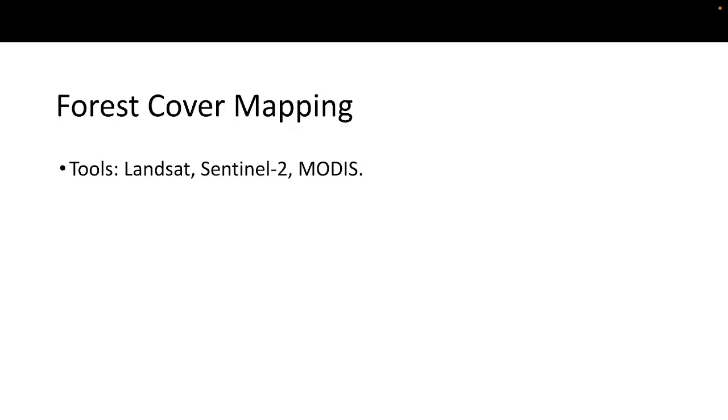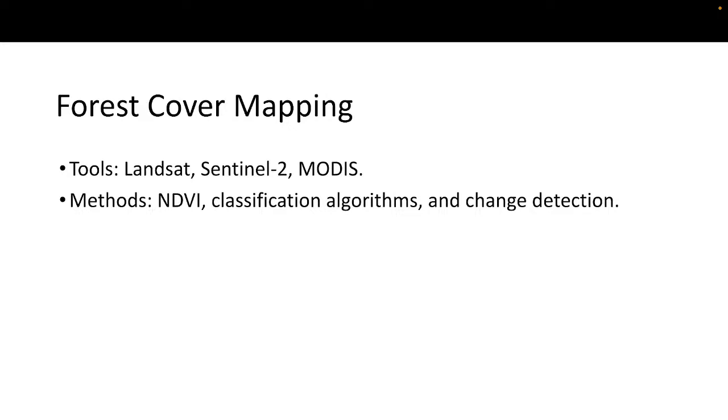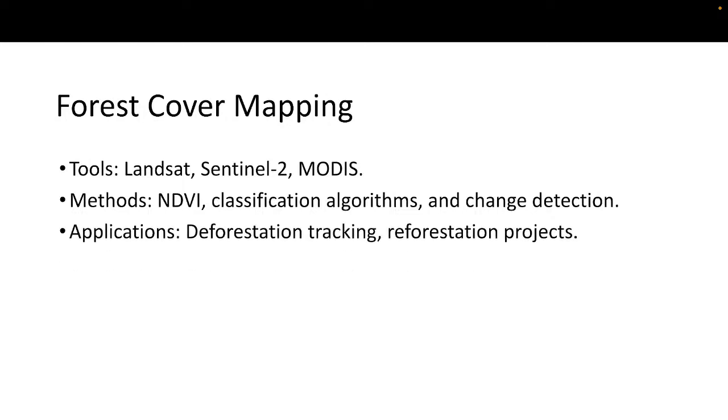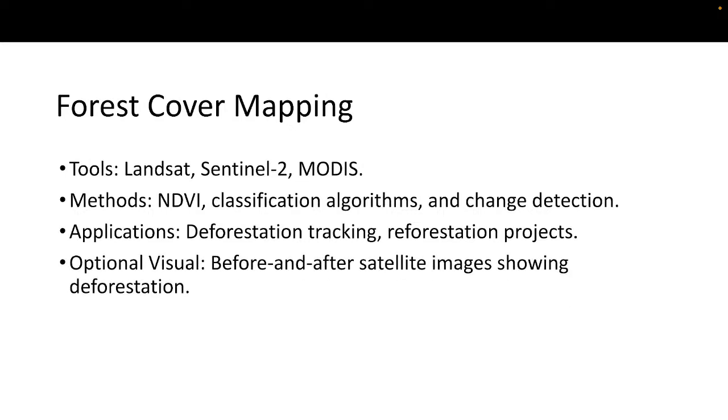For the method, we can use different types of indices, suppose NDVI, or classification algorithm or change detection. With these algorithms we can identify deforestation tracking areas or reforestation tracking areas, and visualize all deforestation and afforestation areas in the forest cover mapping.